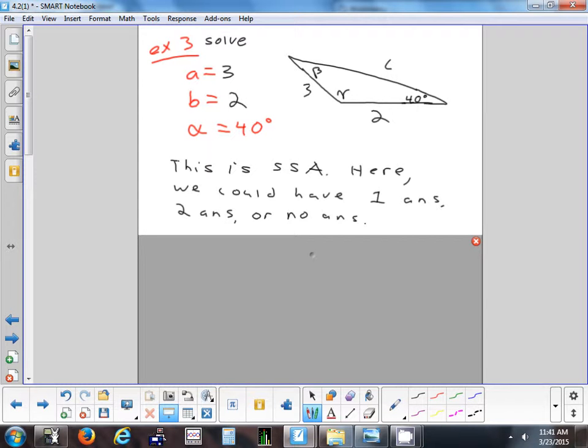Well, with side-side-angle, we got to be careful with it. Okay, there's three possible cases. There's the case where you have one solution, okay, just a normal problem, two solutions, which isn't really harder, it takes longer because you just have to do everything twice, or no solution.